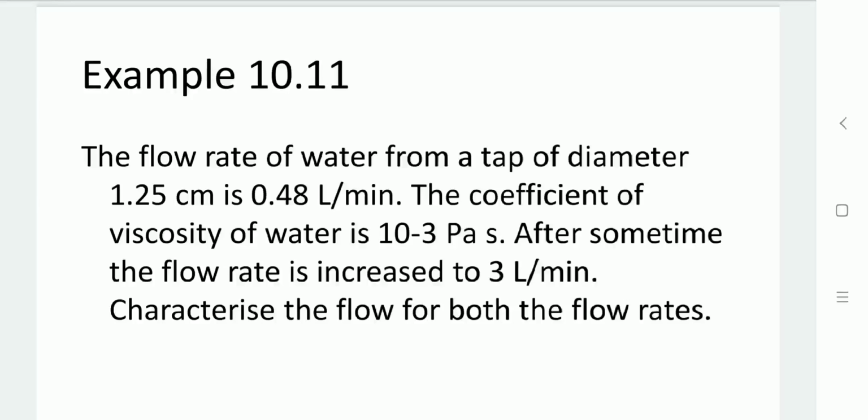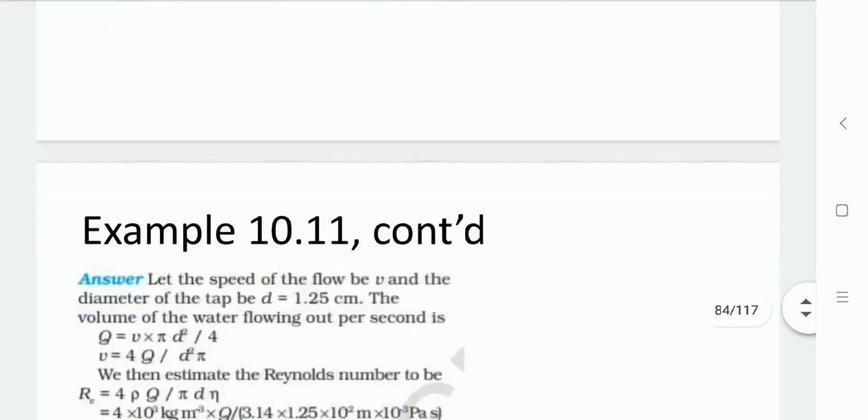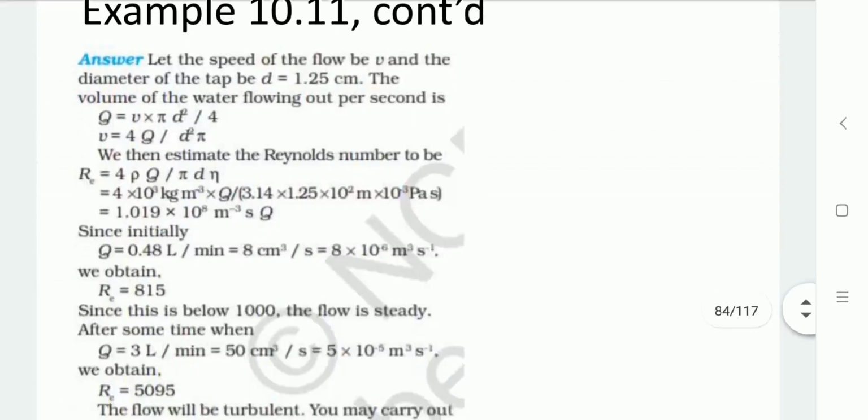The speed of flow V for the diameter 1.25 centimeter. So the volume of water flowing per second, Q equals V into pi d square by 4. So V equals 4Q by d square into pi. So Reynolds number Re equals 4 rho Q by pi d eta.